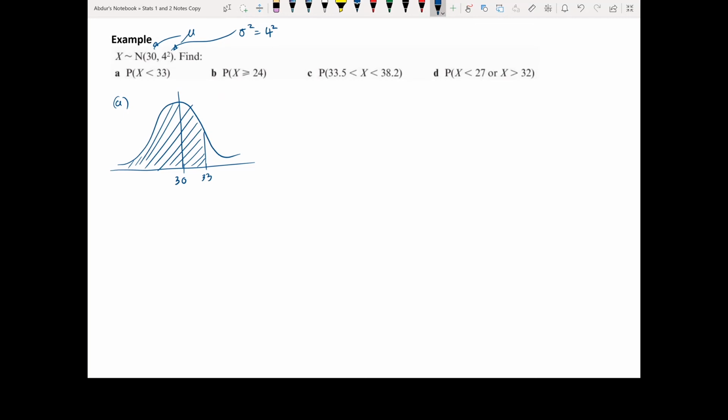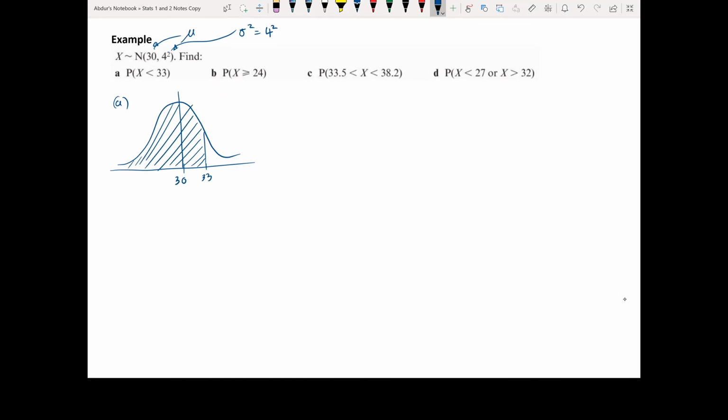So we can go to our normal CD function on the calculator, and it enables us to put a value for the lower tail, the lower value, and then the upper value, and then also lets us put the sigma, the standard deviation, as well as the mean.